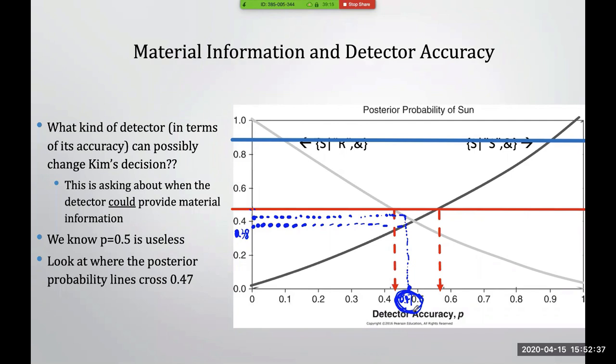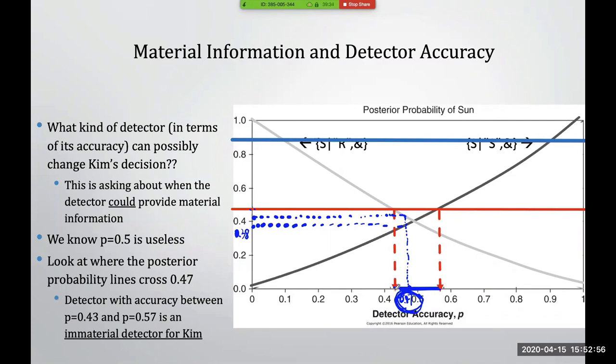Okay, so that is why any point over here will have that effect, meaning any accuracy in the range between 0.43 and 0.57 will not change Kim's decision no matter what kind of message it sends.